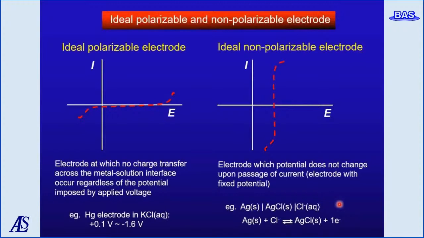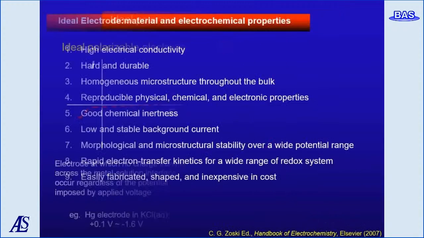An Ag/AgCl electrode or SCE is this type of electrode. The potential does not move upon the passage of current. Therefore, this type of electrode is used as a reference electrode.